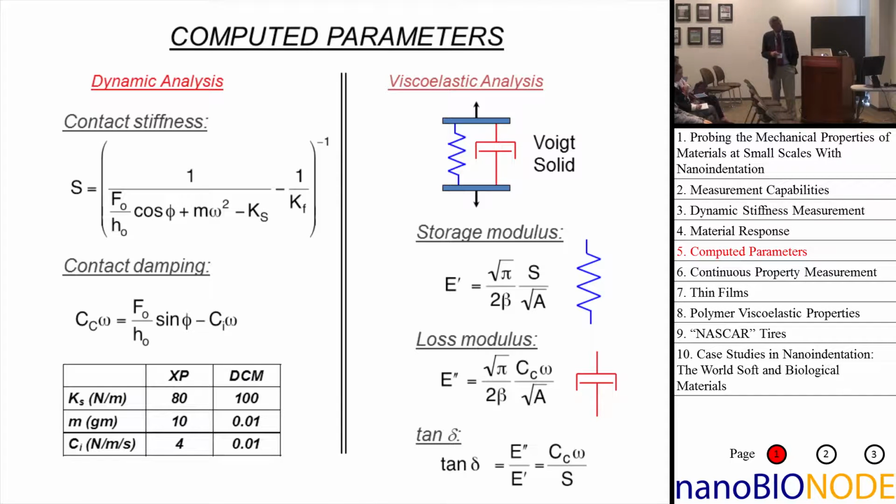These are properties of the material, but in order to get the material properties out, you have to subtract out the machine effects that are also measured. To do that, you have to calibrate your machines to determine things like the spring stiffness, the mass, and the natural damping of the machine. There's a lot of damping in most nano indenters because they've got parallel plate capacitors that measure displacement and operate in air.